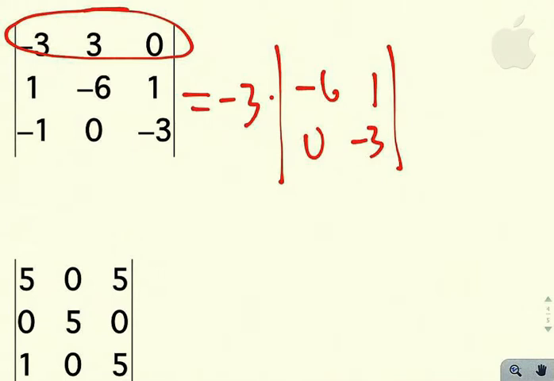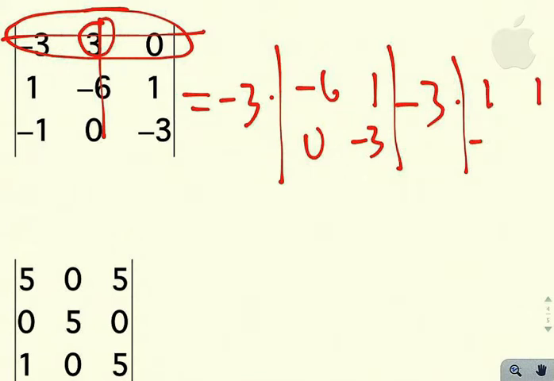And then the opposite of this number, so that would make it 1, 1, minus 1, minus 3. And the 0 won't give us anything.